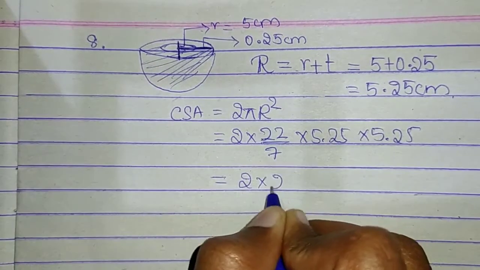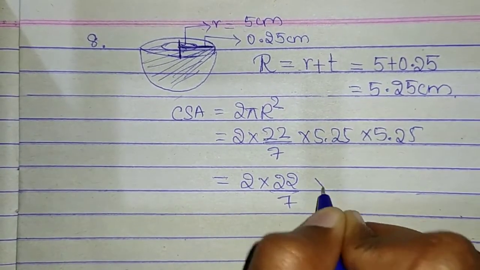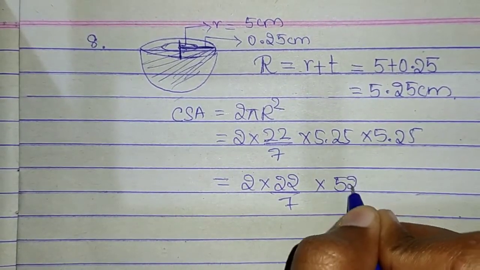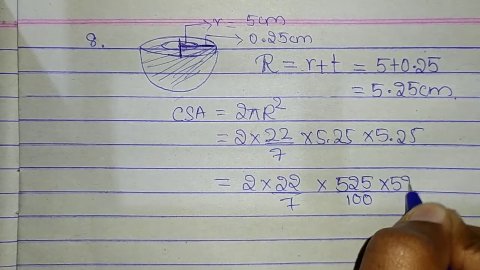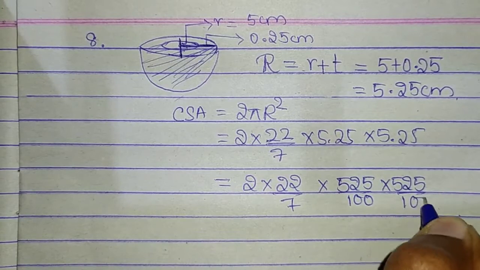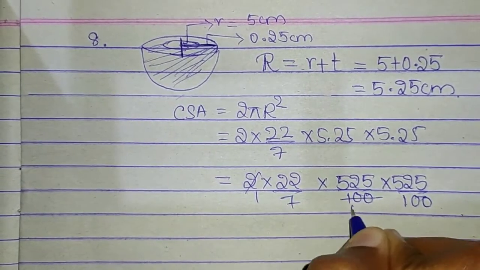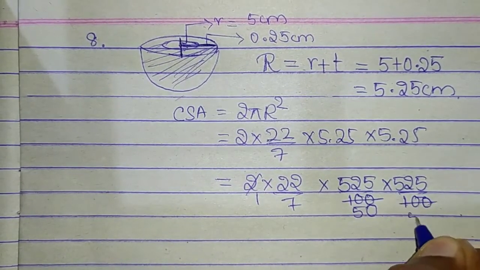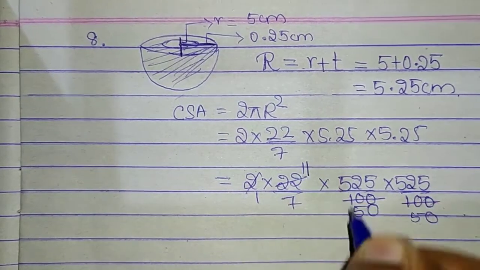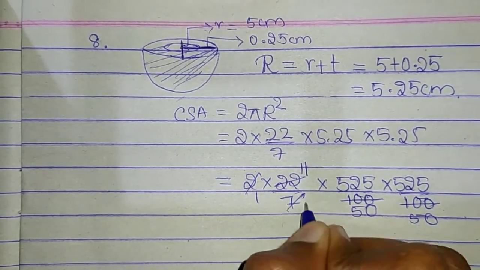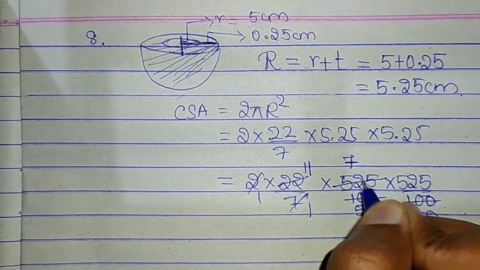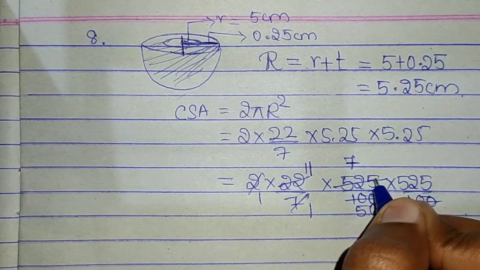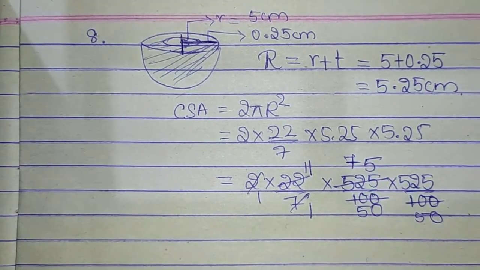So 2 into 22 by 7 into 5.25 can be written as 2 into 22 by 7 into 525 by 100 into 525 by 100.